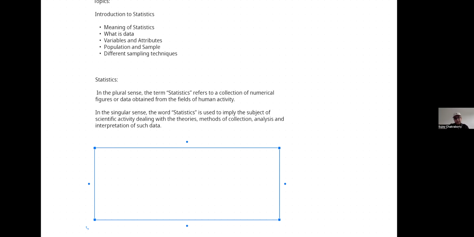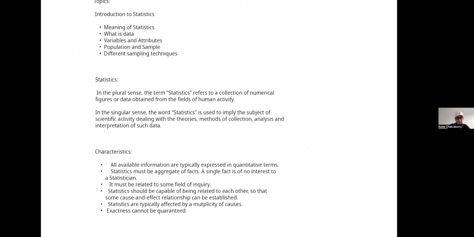Let's say we want to make a prediction of the average rainfall for the next 5 years or so. This prediction cannot be 100% accurate. So this exactness cannot be guaranteed. These are some of the characteristics of statistics.